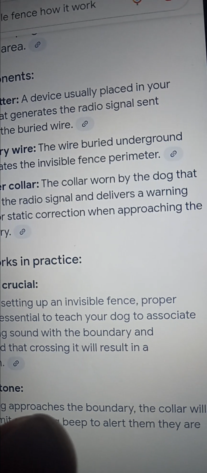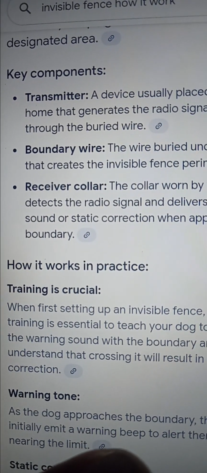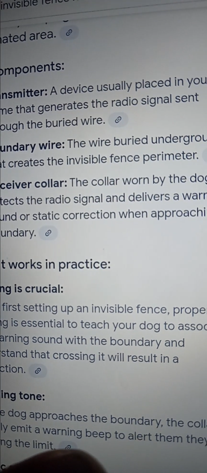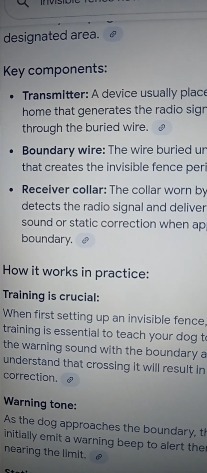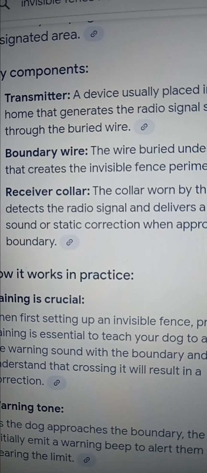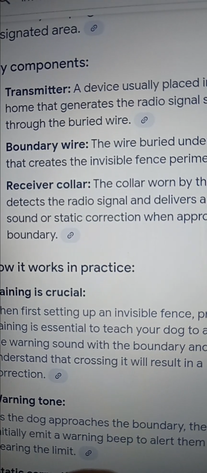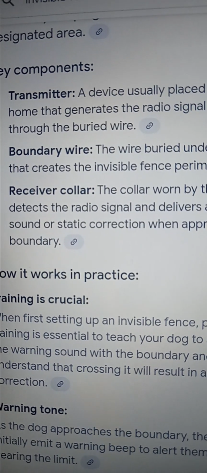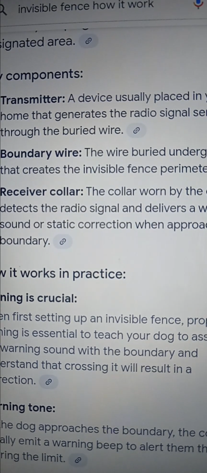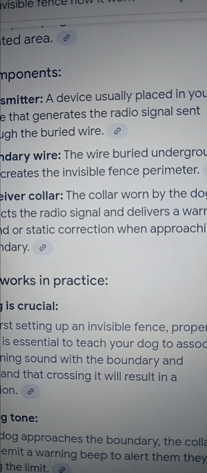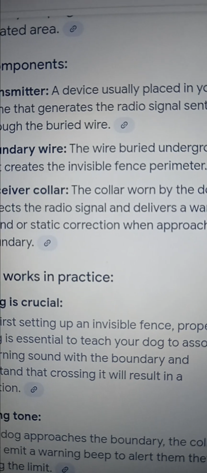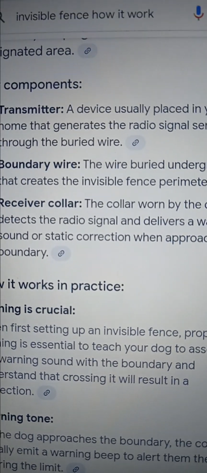The collar warned by the subject that detects the radio signal and delivers a warning sound or static correction when approaching the boundary. So the collar gives out a remote control oscillation. It's a GPS. And let me ask you something.